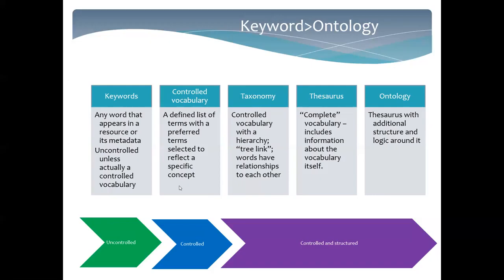They are a controlled vocabulary, so that's the defined list with preferred terms in a hierarchy. So there is that structure. So, for example, with COVID-19, that one's fairly easy to see. We would put it under the category of diseases, or we might have a subcategory under diseases that's viruses, and we would put it there. But still, that one's fairly easy to see where it's going to slot into our hierarchy.